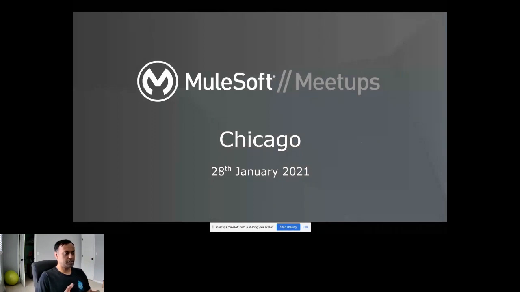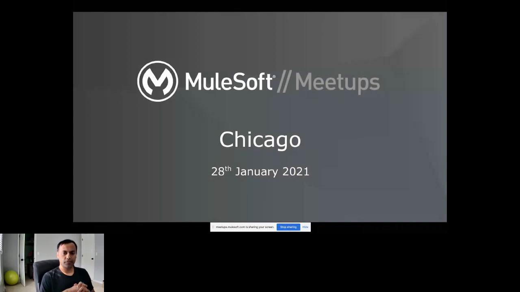So the brief agenda, again, the timings are very tentative. It may move around a little bit here and there. The idea is to talk about how to establish and measure KPIs in the Anypoint platform. We'll initially talk about the concepts, what MuleSoft has to offer in this space, and then follow it up with a brief demo.